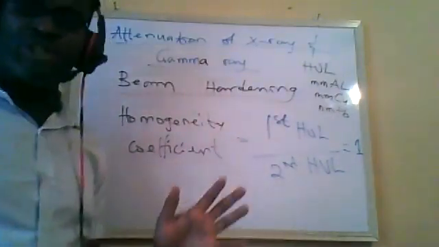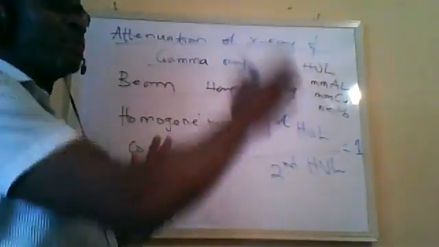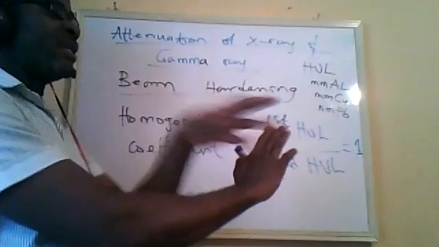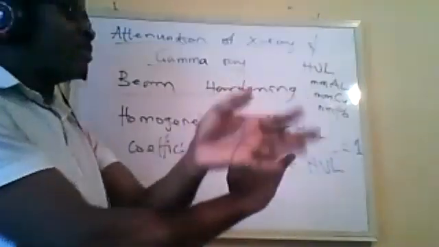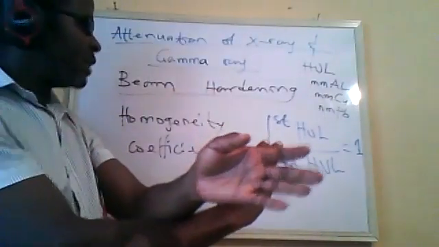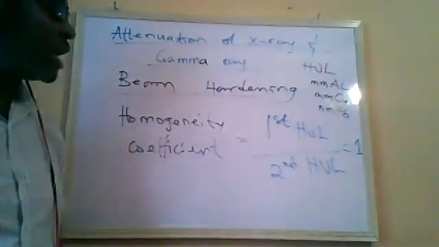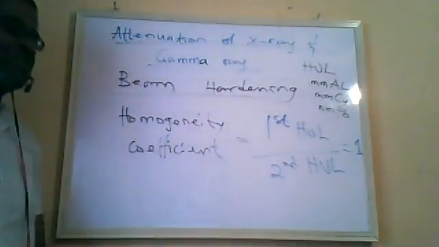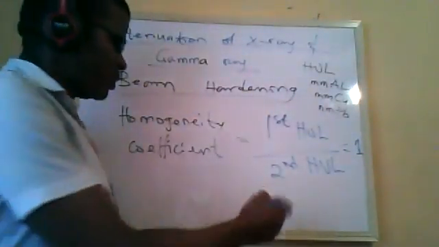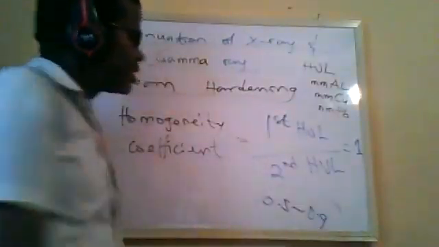If you know the value of the HVL is 2 millimeter of aluminum, you place 2 millimeter of aluminum here, and after that some photons have been transmitted. You place another HVL. At the end of the day, we are going to have 1 as the homogeneity coefficient. But for a polyenergetic beam, this value is not 1. It ranges from, let's say, 0.5 upwards.